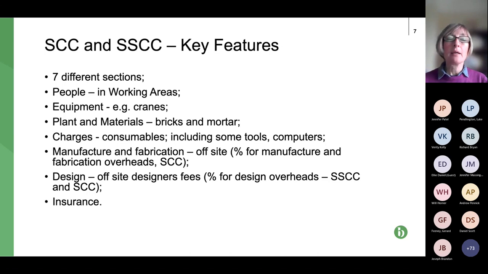Ditto for design. And then finally, we've got insurance. Pretty much erase the insurance element from your mind. Do not be thinking that this is premiums or the cost of obtaining insurance. It is not. It's to do with a situation where an insurance claim is made and the insurers make a payment on that claim.